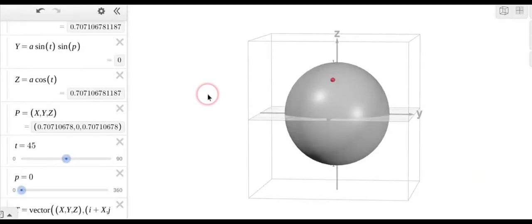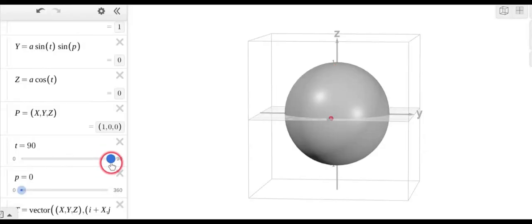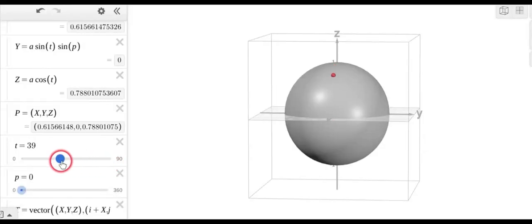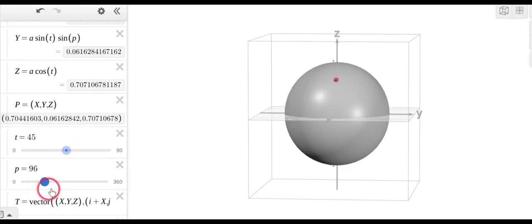Okay, so here's how we started. We have a unit sphere, so the radius is equal to 1. We put a point on it. We brought the theta, which just goes from the North Pole down to the equator. We set it at 45 degrees. We set the phi, which goes around the equator, like that.